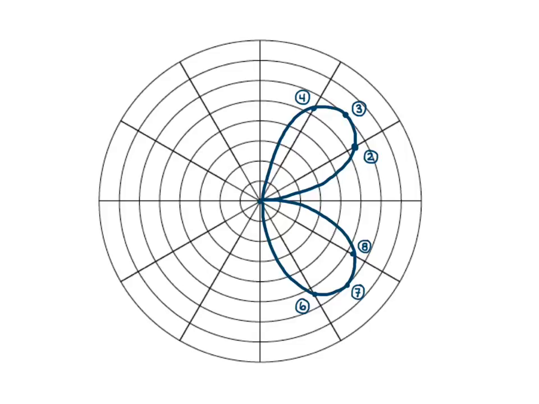And now I continue this. My points 10, 11, and 12 are in the third quadrant. Connect them and get my third leaf of my rose. And then the angles that are remaining are all in the fourth quadrant, but because the r values are negative, that brings all the points up into the second quadrant.